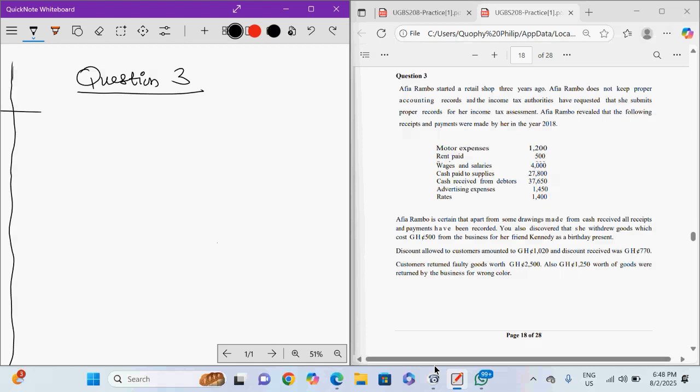Ancome is certain that apart from some drawings made from cash received, all receipts and payments have been recorded. You also discovered that she withdrew goods worth 500 cedis from the business for her friend Kennedy as a birthday present.